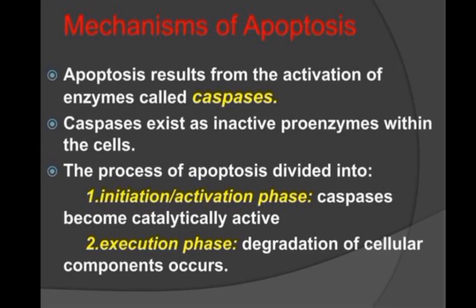Caspases exist as inactive proenzymes within the cells. The progress of apoptosis is divided into initiation, when caspases become catalytically active, and the execution phase, in which degradation of the cellular components occurs.